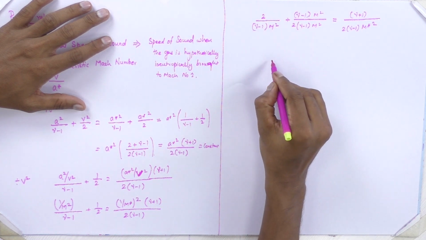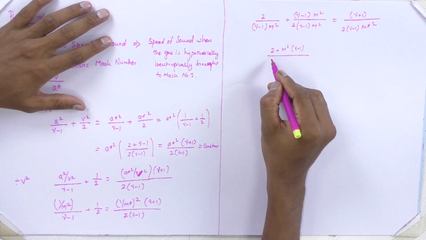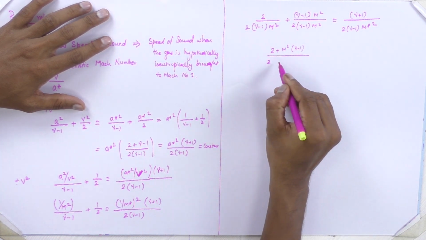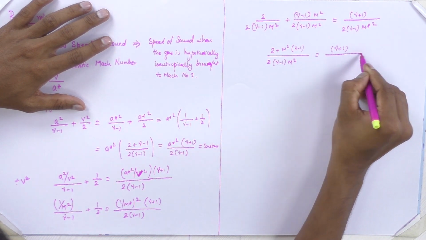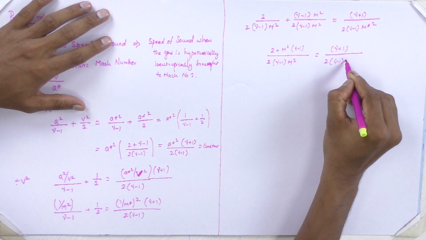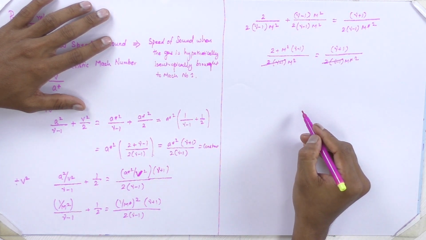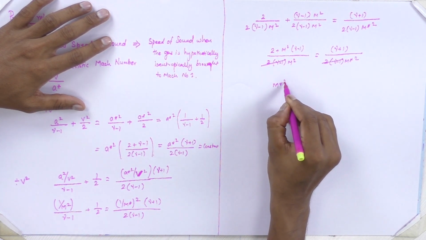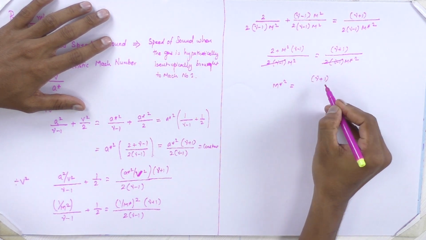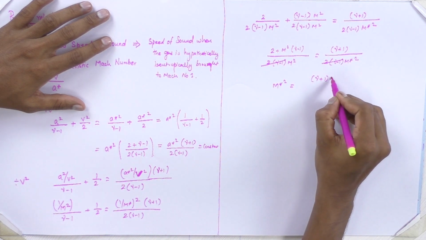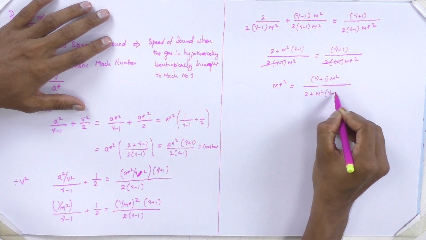Now we can say that 2 plus M squared gamma minus 1, divided by 2 gamma minus 1 M squared, is equal to gamma plus 1 divided by 2 gamma minus 1 M star squared. So we can cancel these two terms. So M star squared will be equal to gamma plus 1 into M squared divided by 2 plus M squared gamma minus 1.